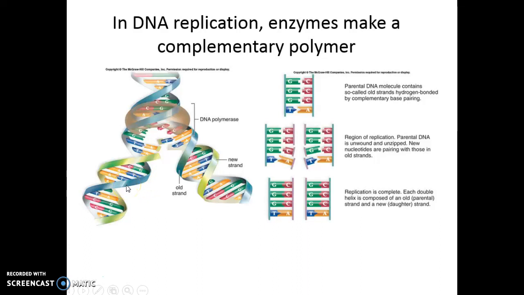Those separate, and then new nucleotide material comes in and fills in this part. All right, so the bluish-green color here is the parent strand, and the purple side is the daughter strand. But now you have two identical strands down here, as with the parent strand, because DNA replication has occurred.